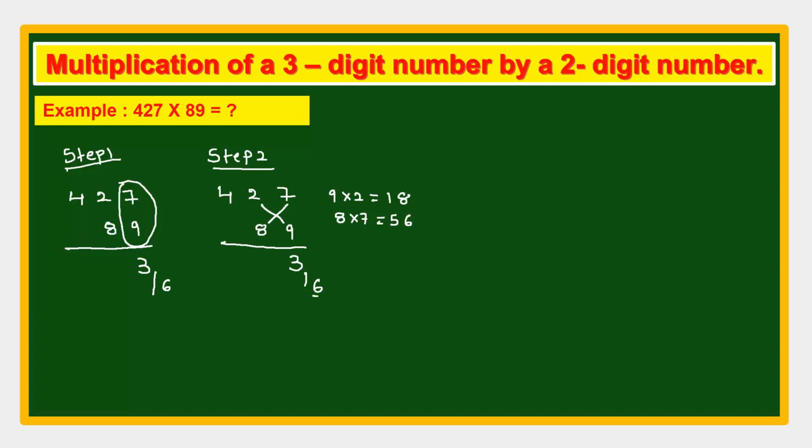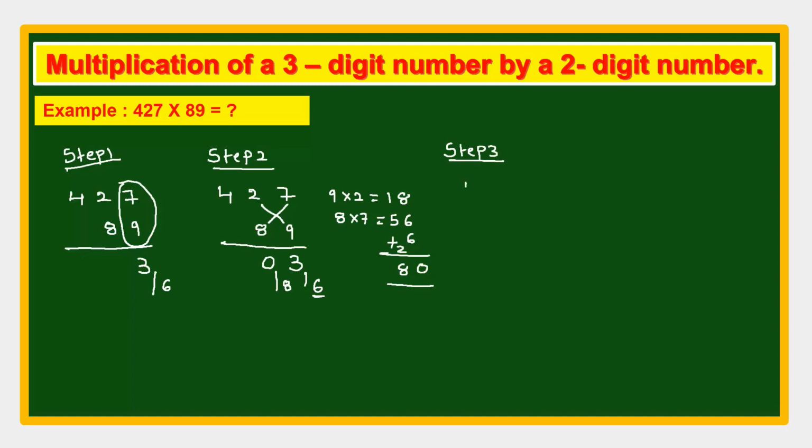And you have to add 6, carry forward 6. 6 plus 6, 12. 12 plus 8, 20. 0 here and 2 here. 2 plus 5, 7. 7 plus 1, 8. 80. So write 0 here and down, carry forward 8. And next step 3.